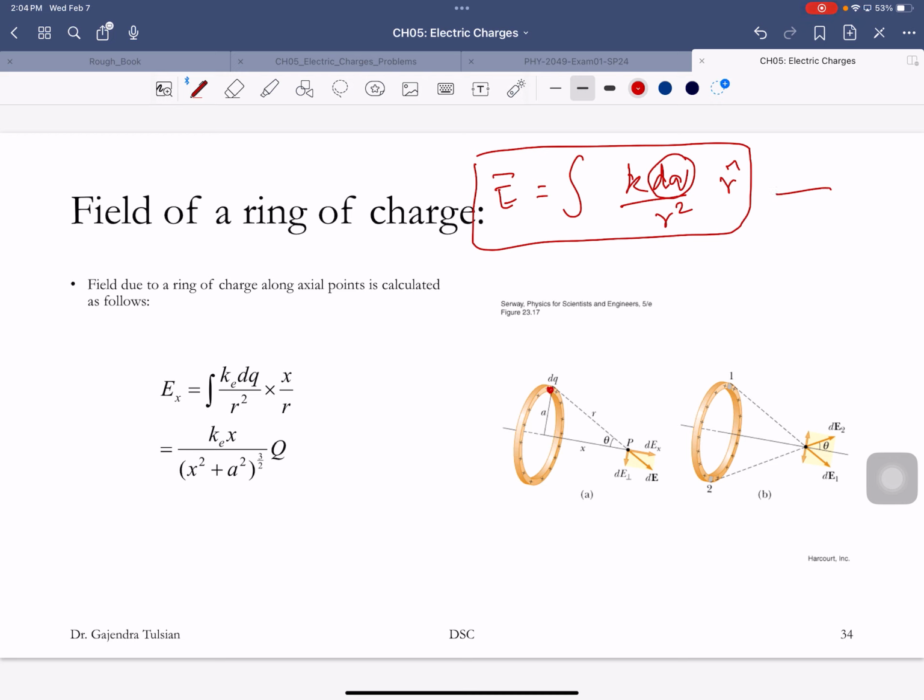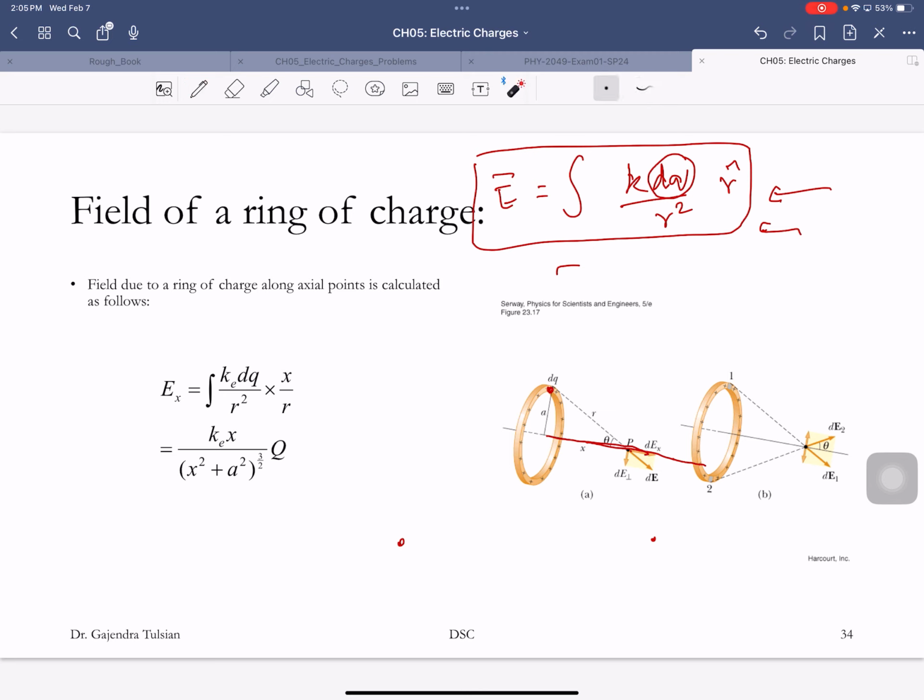Now this integral is impossible to do if you wanted to find the electric field there. You couldn't do that integral. You can do this integral if you wanted to find the electric field at axial points, only along the axis. And this integral is done here for you.